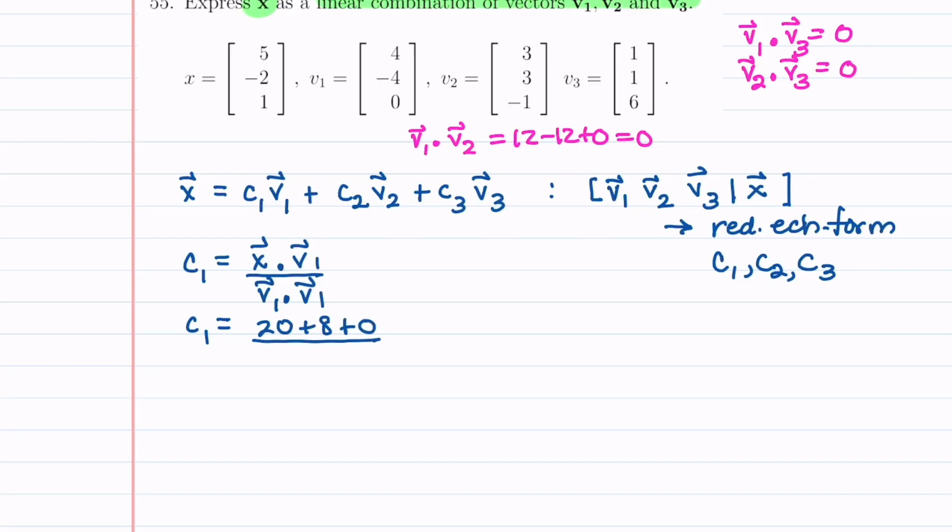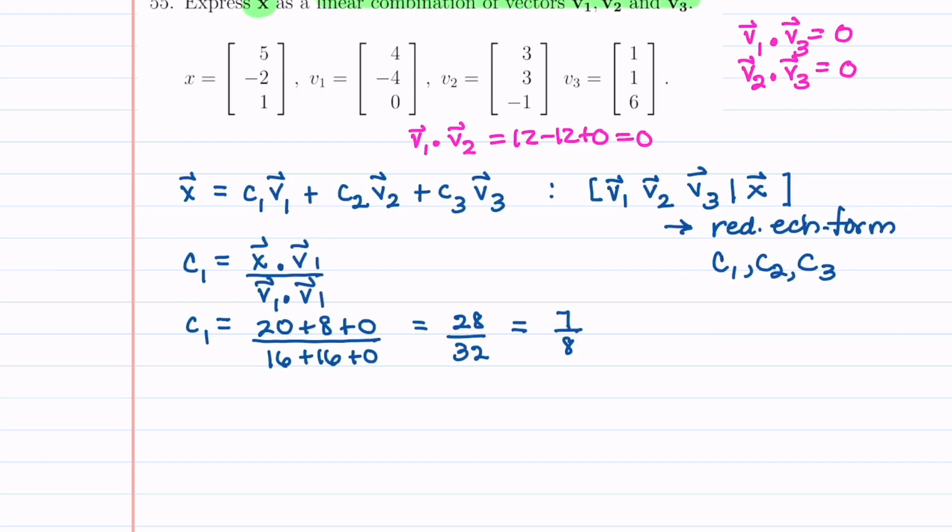And then v1 dotted with itself, we're just going to square each component in v1. And this is going to be a 16 plus 16 plus 0. So we end up with a 28 divided by 32. And it looks like 4 goes into both of those. So we can write this as a 7 divided by 8.